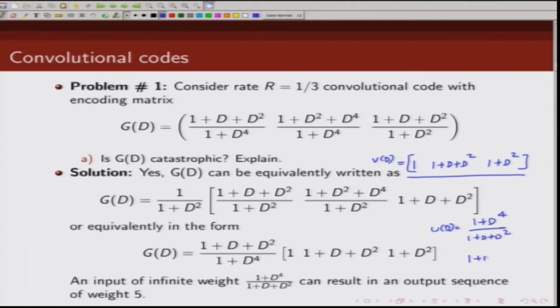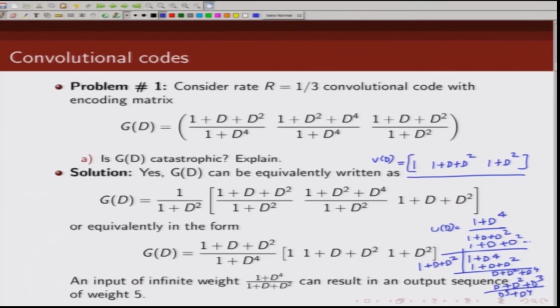So, let us say 1 plus d4, divided by 1 plus d square. Taking 1 plus d square, this will be d square plus d4, now this will be plus d, so this will be d plus d square plus d cube, and then this will be d cube plus d4, we can write d square.